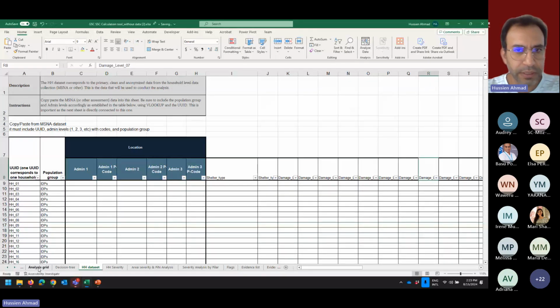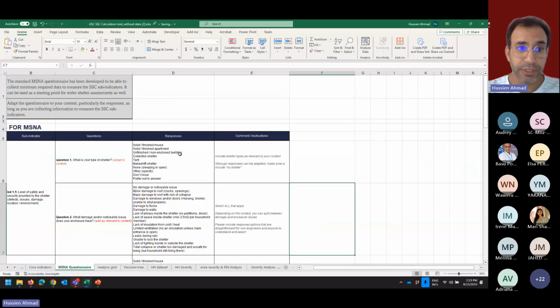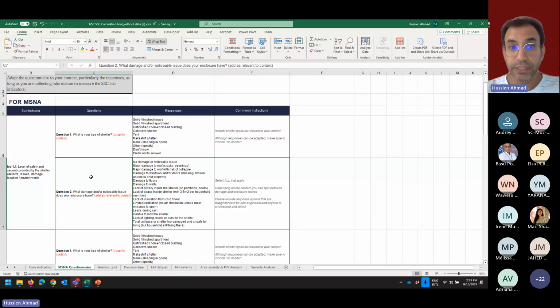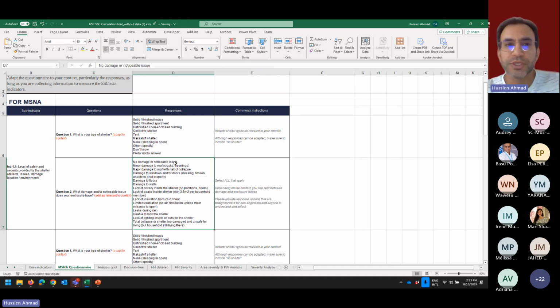Yes. Thank you. I'll share my screen again here. So exactly, we have in the MSNA questionnaire what damage or noticeable issues that you have in your enclosure, in your shelter. And we have some options here. No damage, minor damage, cracks to an opening to the roof, major damage to the roof with the risk of collapse, damage to windows and doors, broken, missing, etc. Damage to walls, damage to floors.